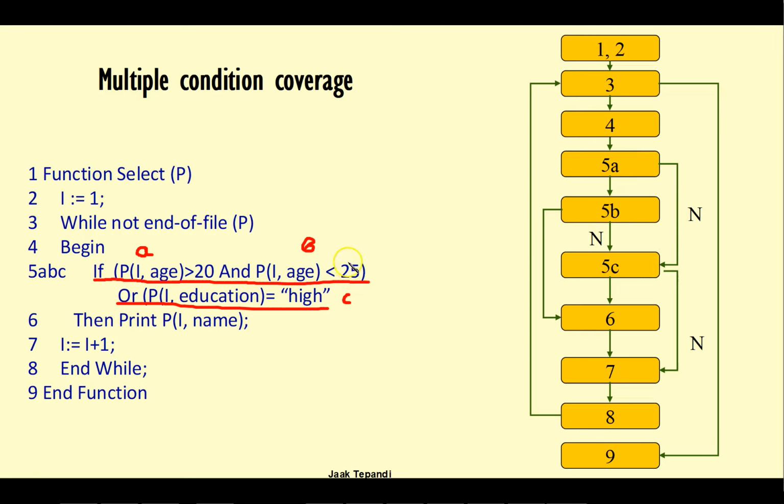Or if we get this A right, then we need to compute B because this is an AND logical connection. If this AND is fulfilled, then from B we directly proceed to 6. If AND is not fulfilled, we proceed to C, and if C is fulfilled, then we proceed again to 6. If not, then we omit this print statement and go to 7.